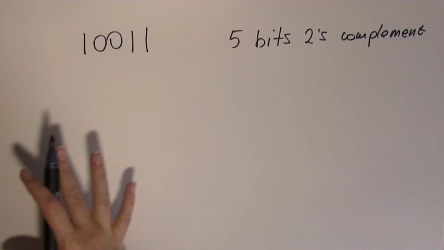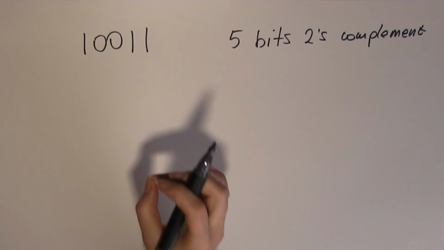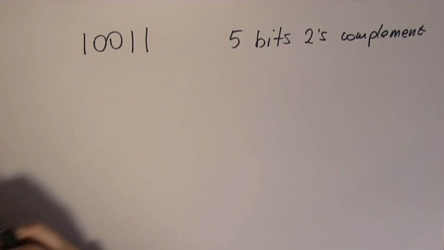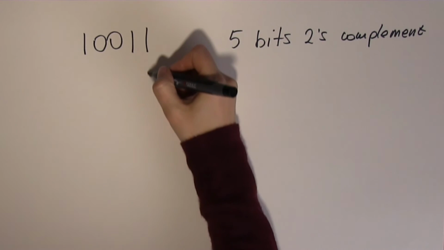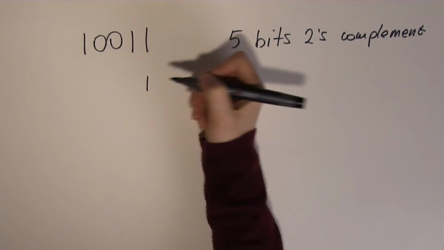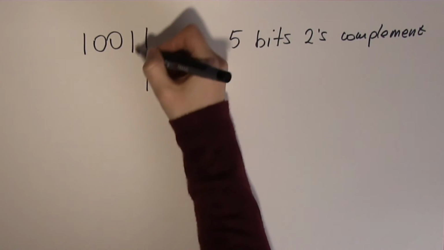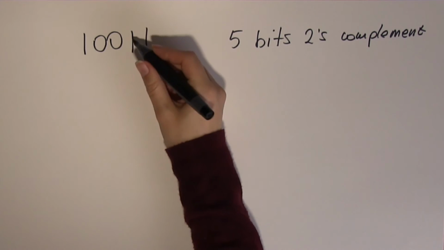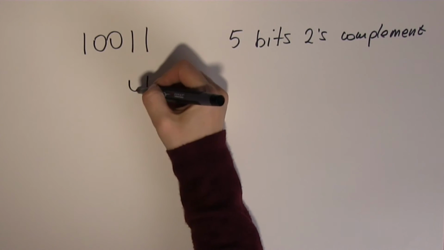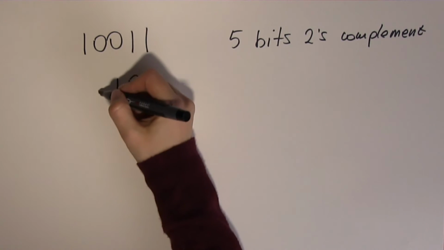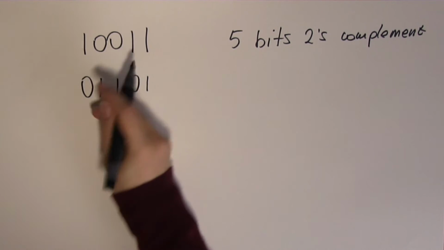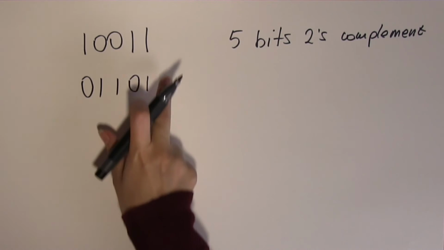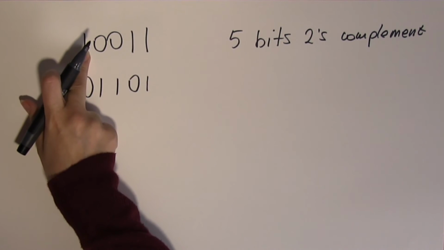Again, the inversion process was to copy the number until you copied a 1 and then invert everything else. So copy the number, I copied a 1, again the first digit was a 1, then I need to invert everything else. So 1 becomes 0, 0 becomes 1, 0 becomes 1, and 1 becomes 0. Now this is the positive equivalent of that negative number.